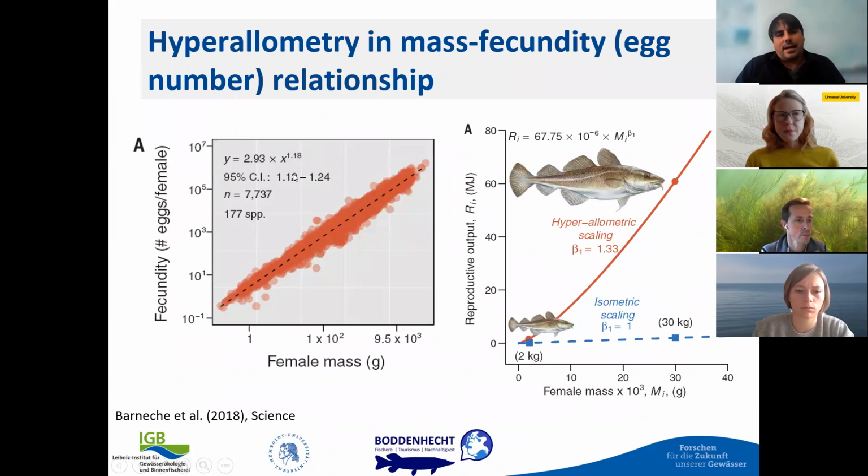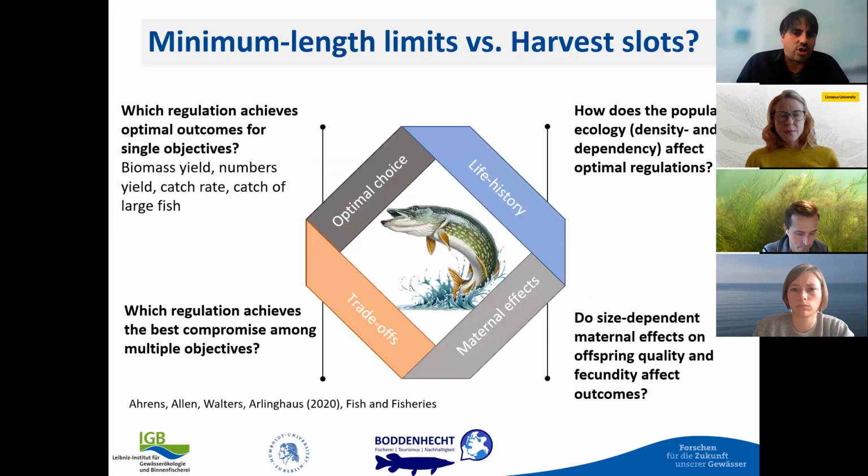So these larger fish might have even more fecundity than traditionally assumed in most classical fisheries models. And then there are other benefits of large fish, for example, egg quality, benefits of experience during spawning, as well as the social benefits that those create that might demand more protection.